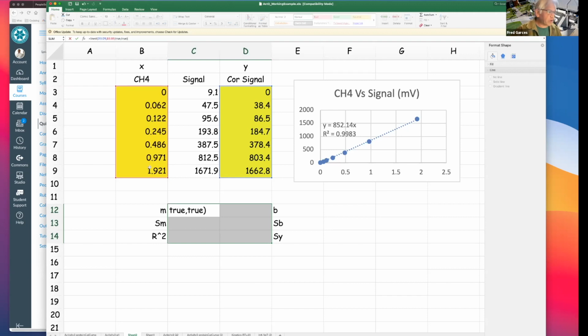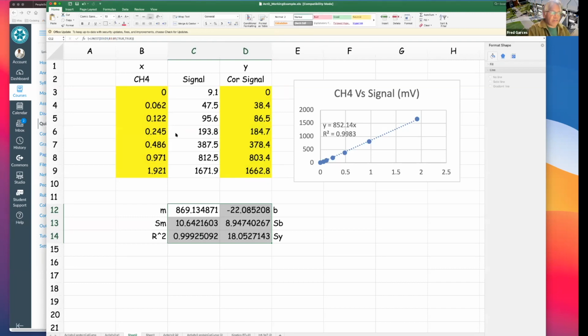If I just hit return, nothing occurs. I only get the slope. Okay, that is an error. What I need to do is go over here, highlight my 2x3, and hit shift control return. Now it puts in all the values that I'm looking for.